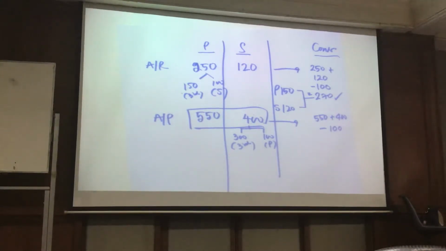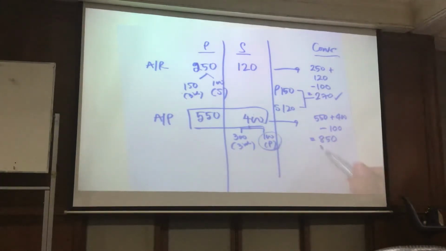What is this 100? It should not be reported in consolidation. Otherwise it means the group company owes the parent, which is not right. That's why we need to kick it out. So finally, you get AP of 850.